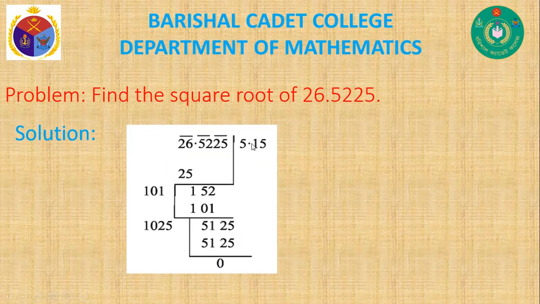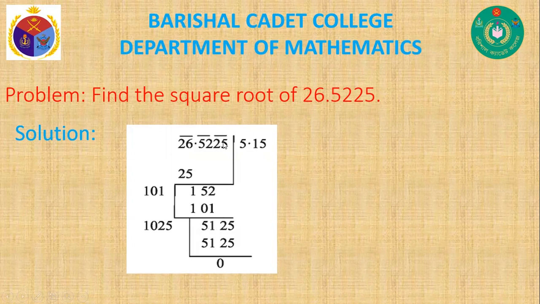You see, when we pass the decimal point, at that time we have taken a 0 here. Now if we take 1 here, then multiplying 101 by 1, we get 101. Again, subtracting 101 from 152, we get 51.